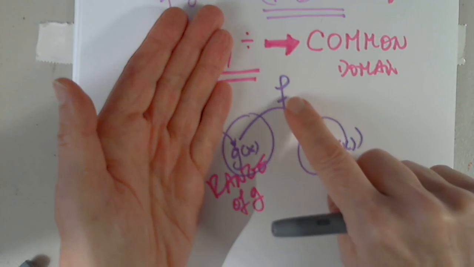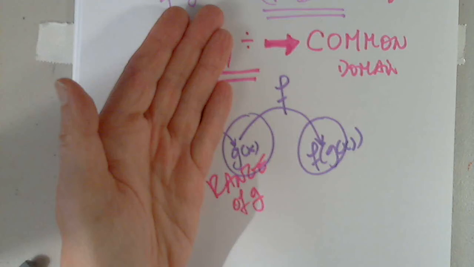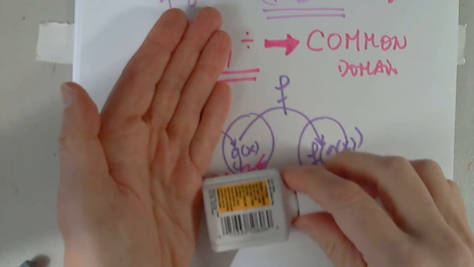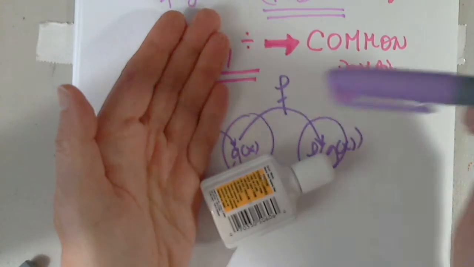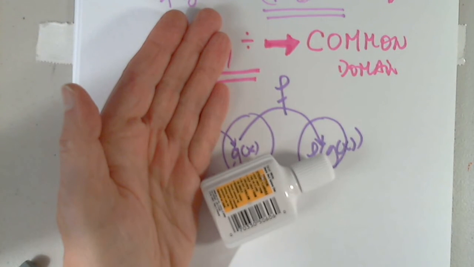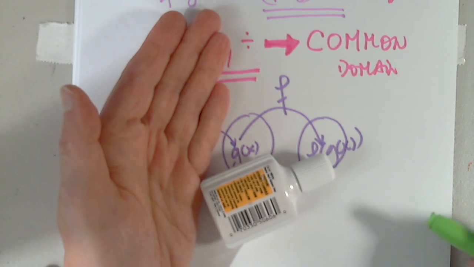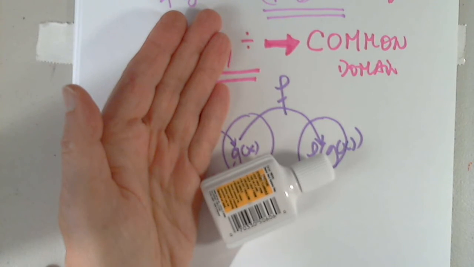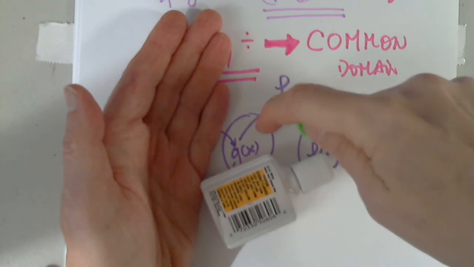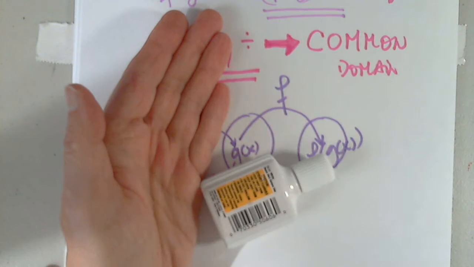What does this set represent for f? Anyone? It is the set of x values for f. What could it be?